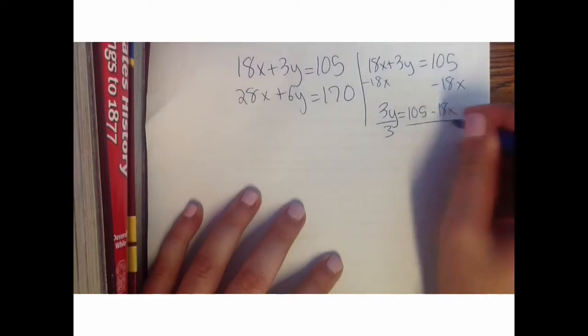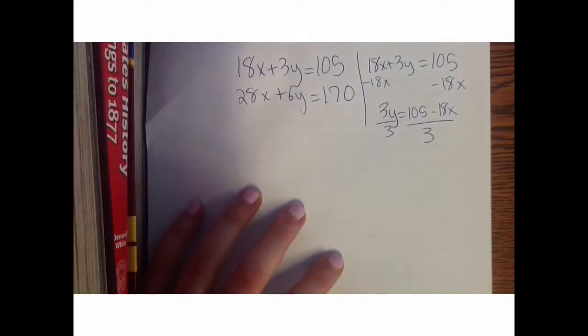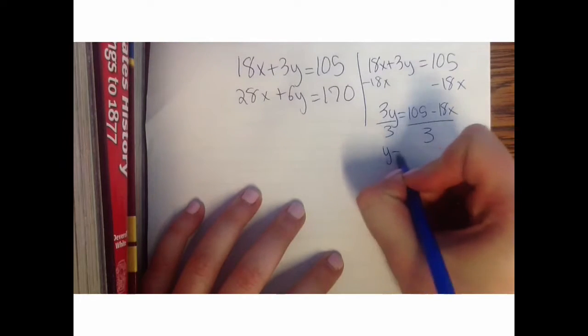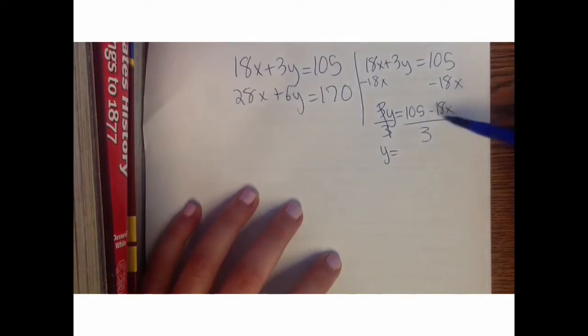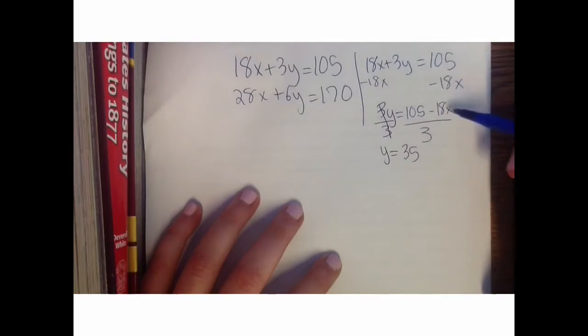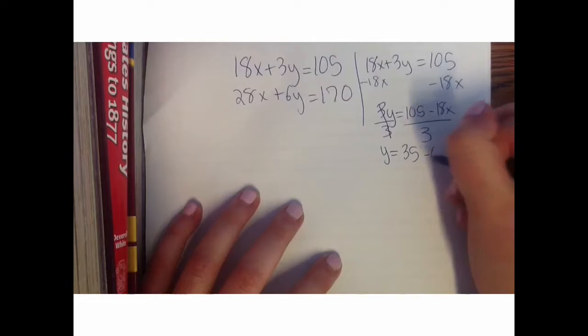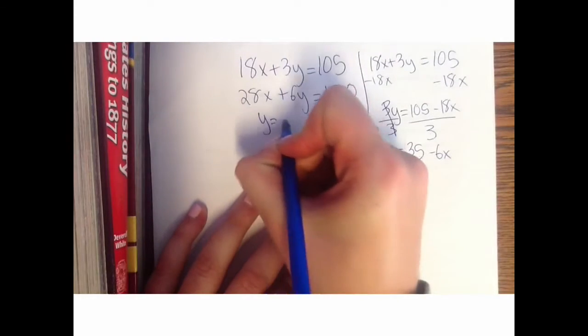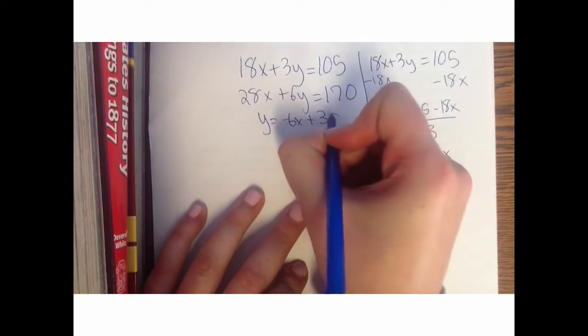Last step is to divide by 3 throughout. Y equals, because my 3's cancel out, 105 divided by 3 is going to give me 35. Negative 18x divided by 3 is negative 6x. So my equation here is y equals negative 6x plus 35.